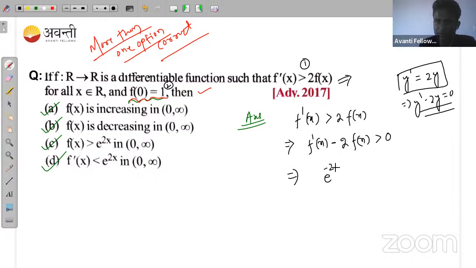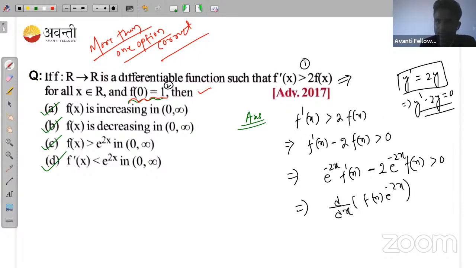So e to the power minus 2x f dash x minus 2 e to the power minus 2x f of x is greater than 0, because multiplying by a positive quantity on both sides, the right hand side remains 0. Now I can write it as d by dx of f of x into e to the power minus 2x greater than 0.